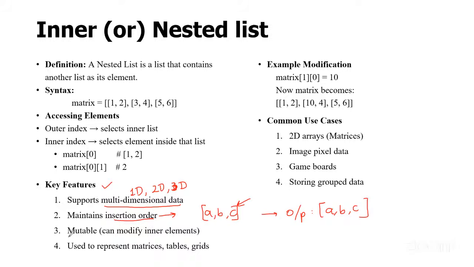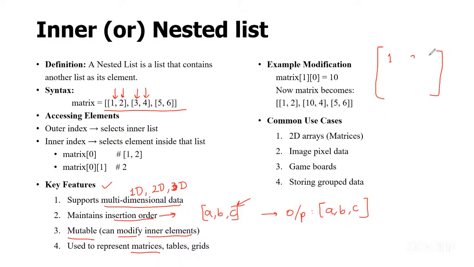It is also mutable. Mutable means you can modify the inner elements. So inside of the list, these elements you can modify. And inner lists or nested lists are used to represent matrices, like in maths you'll be learning.